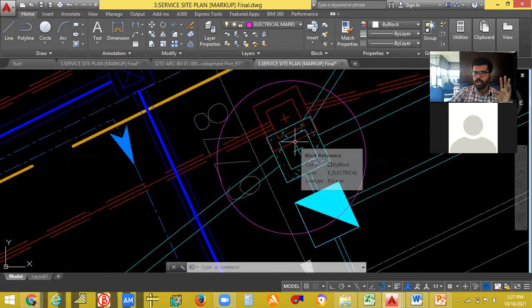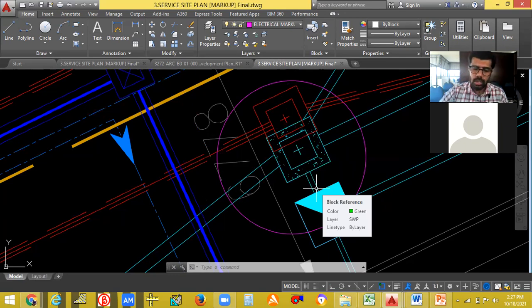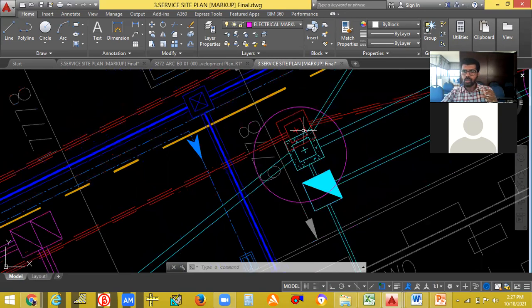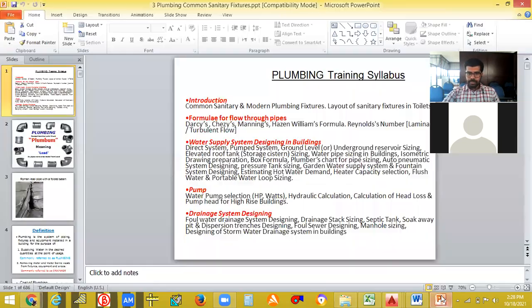We cannot do that, because this is one chamber and this is another chamber. These both cannot link, so we have to change according to that. That is what is called a coordination drawing. So when we do this, it should not affect any other pipelines. So I'm leaving that.